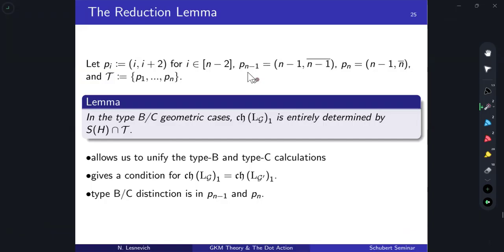Like they're all s_{i+1}s_i, or s_{n-1}s_n.